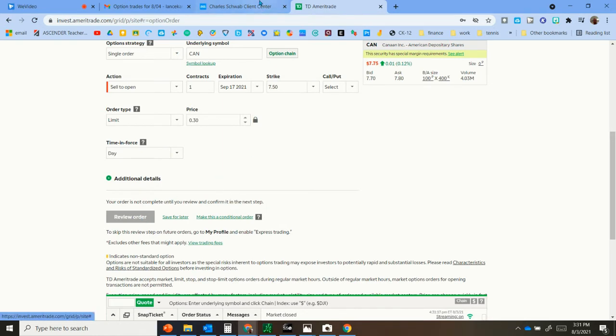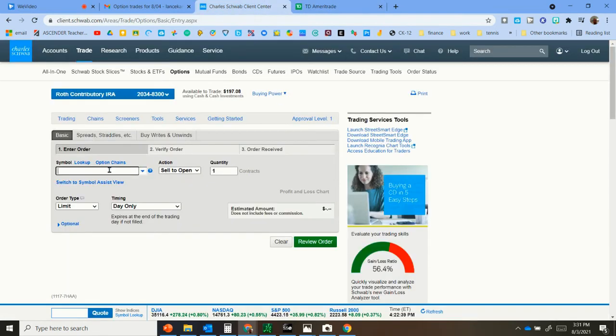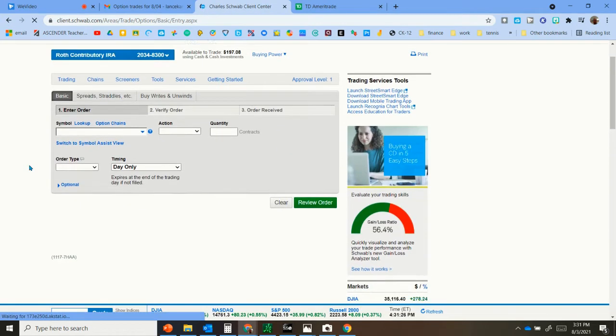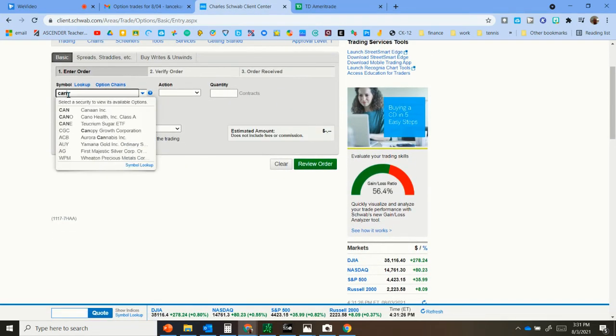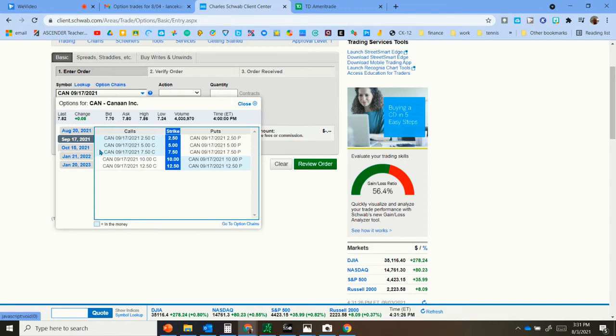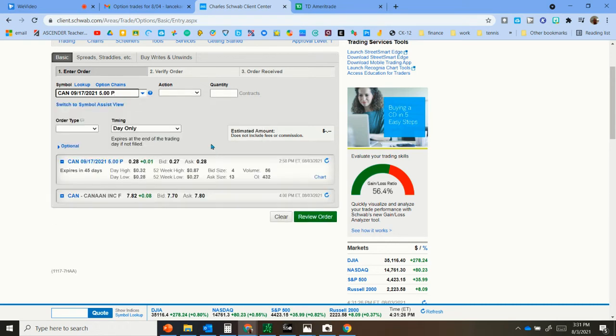If you want to do this on Schwab, it's pretty similar. You go to trade, options trading. Under symbol, you can type in the name of the symbol, CAN. We're going to go to the September 17th strike price. At the $5 strike, we're going to sell a put, so click the put side. Under actions, do sell to open.